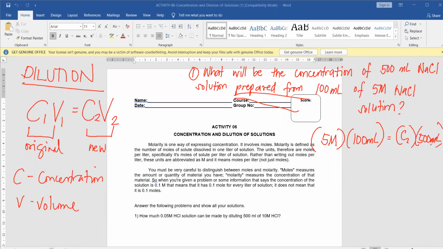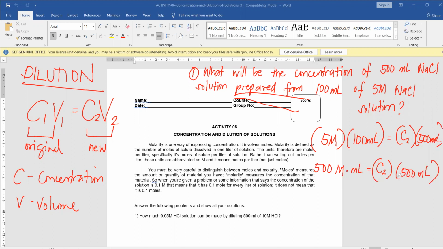So let us compute 5 times 100. Syempre, 500. Hindi natin siya makakancel ha, times the ml. So hindi siya per ml kasi multiplication yan. And then this is C2 times the 500 ml here.